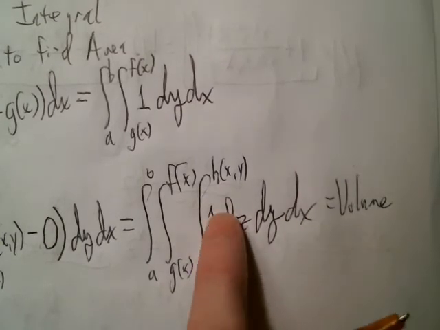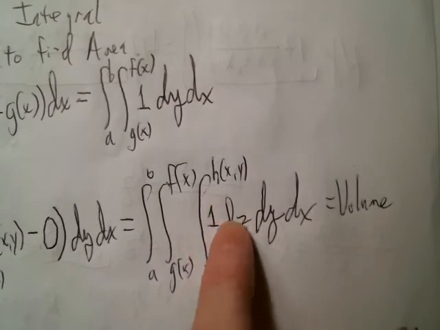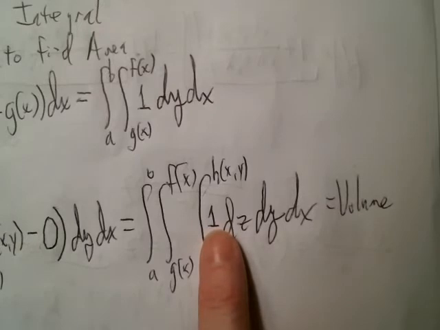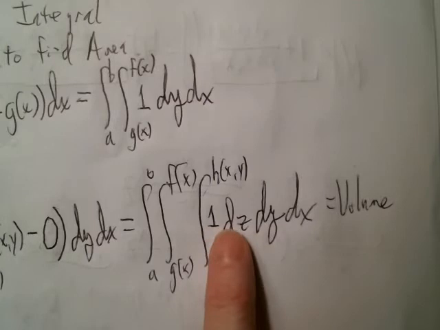But if it's any other function, it gives you a fourth dimensional number, right? So you could put a function in there for density, and if you have an object that is more dense in one region than another, you could use this to evaluate it.